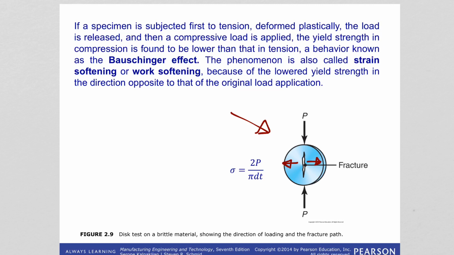Therefore, it causes a crack to propagate along these directions, right? So basically, fracture is initiated, and the disc splits into half. And the tensile stress that is induced can be calculated through this formula given here. P is the load, D is the diameter of the disc, and T is the thickness.